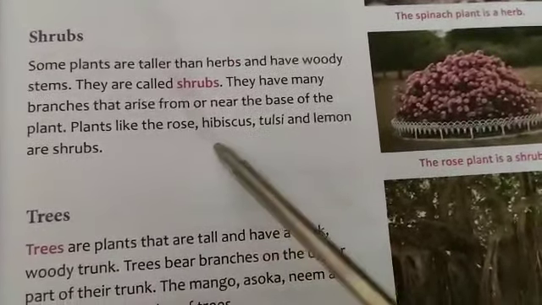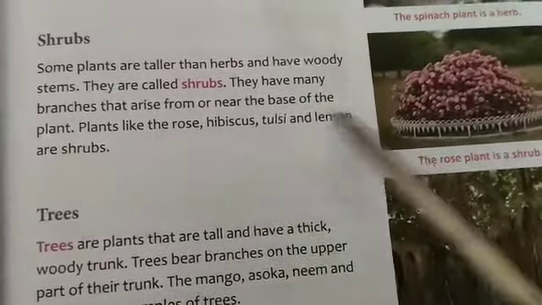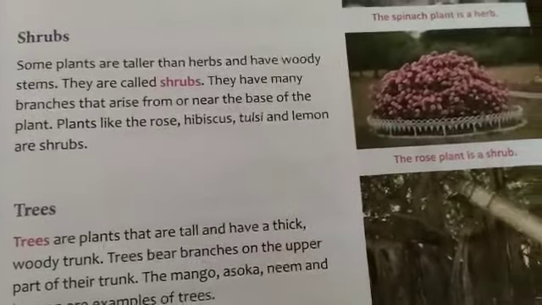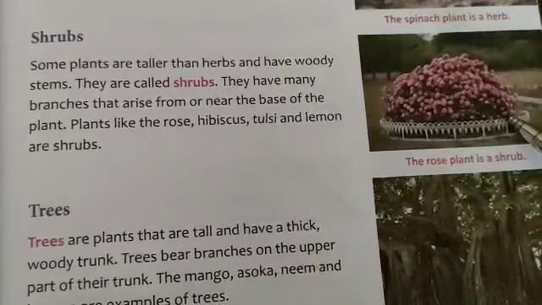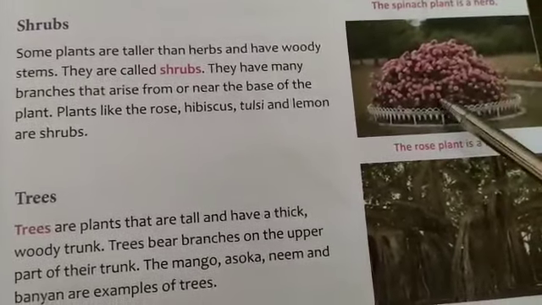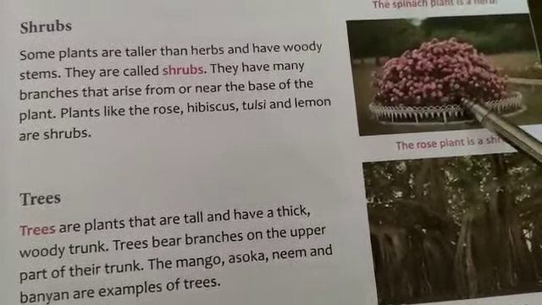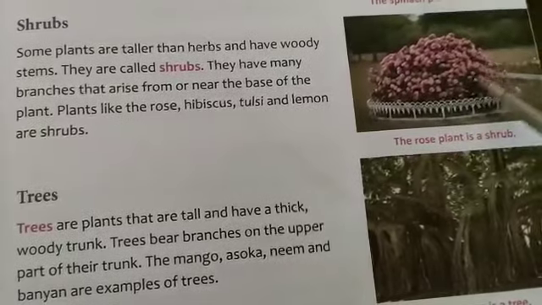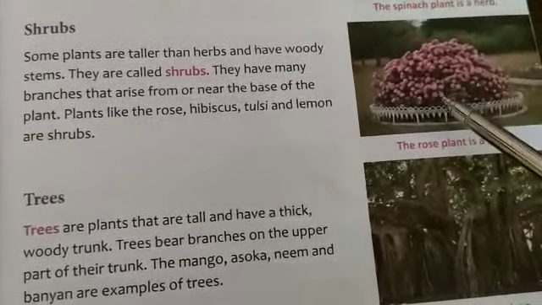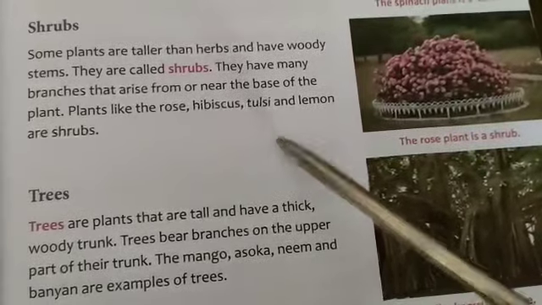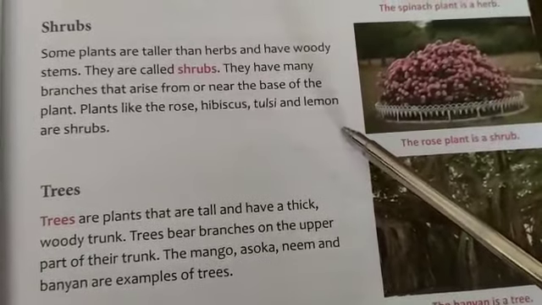Plants like the rose, hibiscus, tulsi and lemon are shrubs. See, the rose plant, it is a shrub. What do you find in this? They have branches that arise from or near the base of the plant. Many branches grow from the base. Examples: rose, hibiscus, tulsi, lemon.